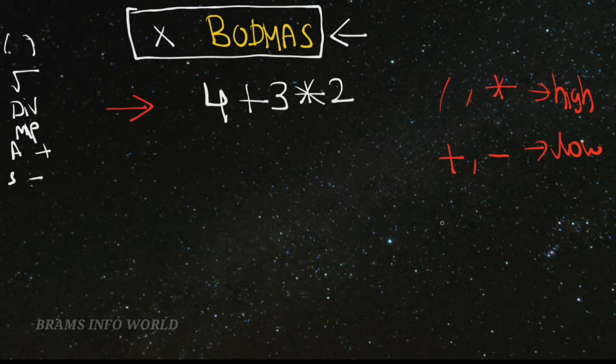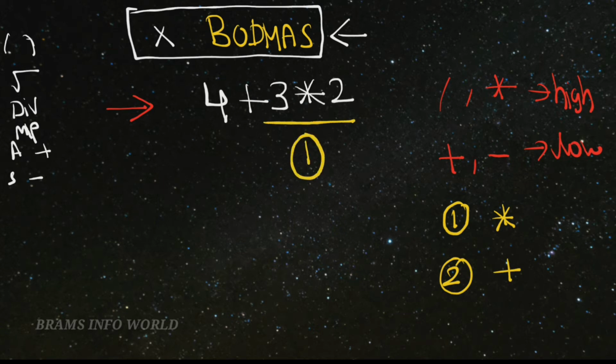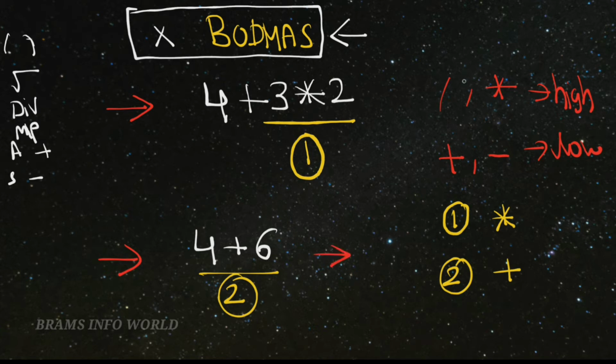In this expression you can clearly observe that star is high priority and plus is second priority. So the first evaluation is 3 star 2, which is 6. The second is 4 plus 6, which is 10, the result. This is the way we evaluate a basic expression.